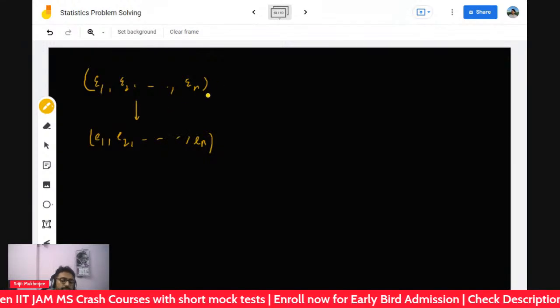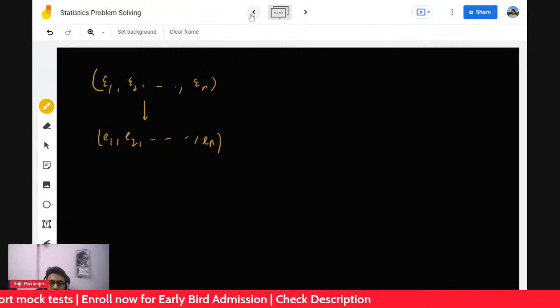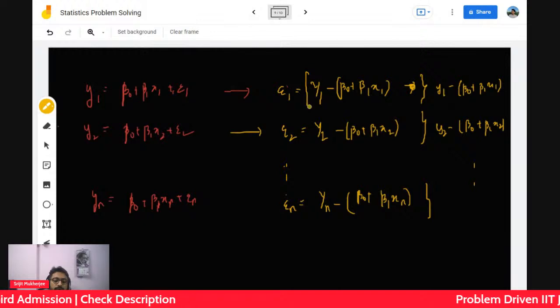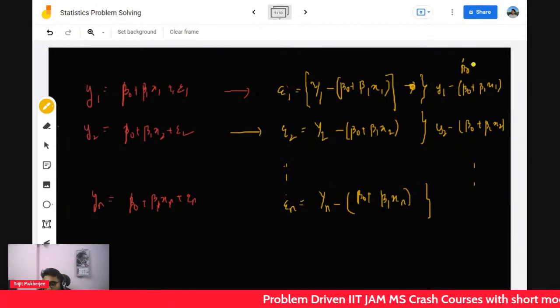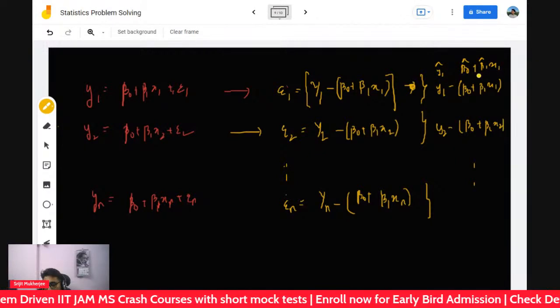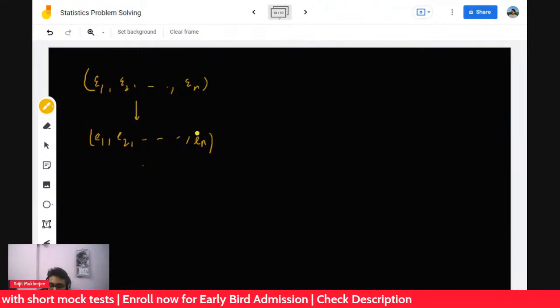So the idea is that we have to minimize the error, because minimizing the error will give the minimum distance between this one and the beta naught hats. Therefore we need to minimize this, which we have observed.